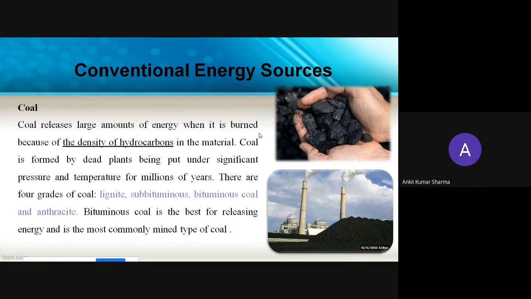And coal is formed by dead plants being put under significant pressure and temperature for millions of years. You are all aware of that. It is made from hydrocarbons, but how is it formed? Coal is formed by dead plants put under significant pressure and temperature for millions of years.